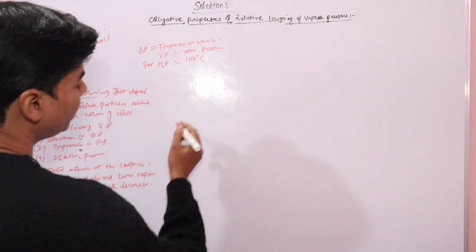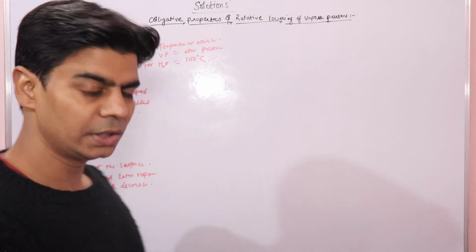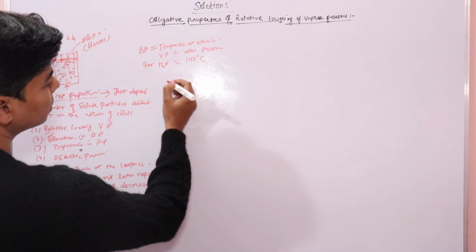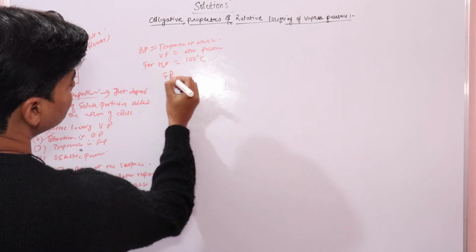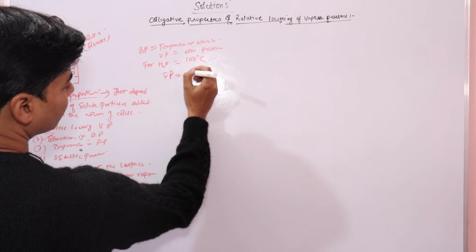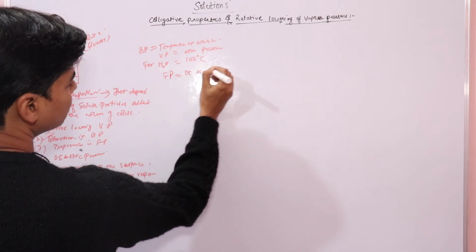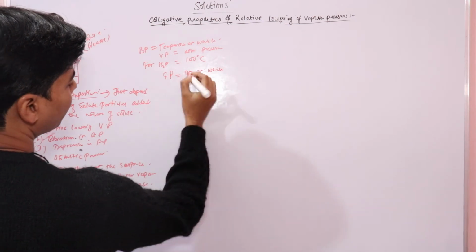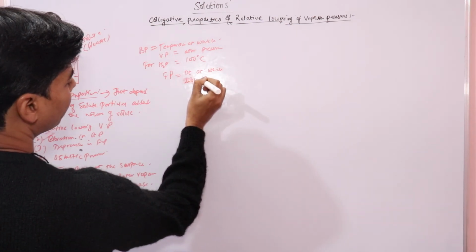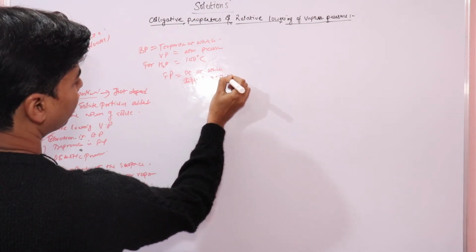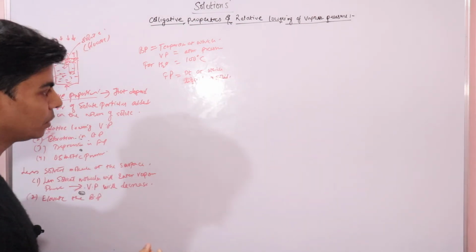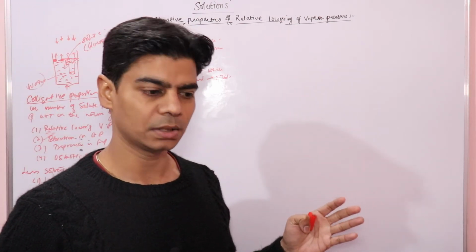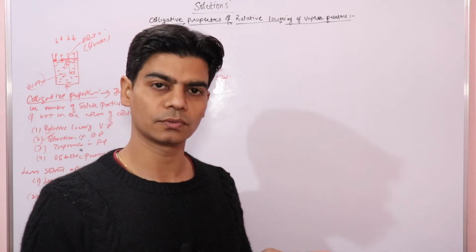We know that freezing point is the temperature at which your liquid will start changing into solid form. And we know that the molecules of liquid are far apart compared to solid, and molecules of solid are close.